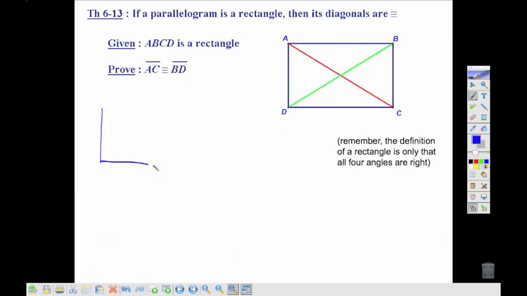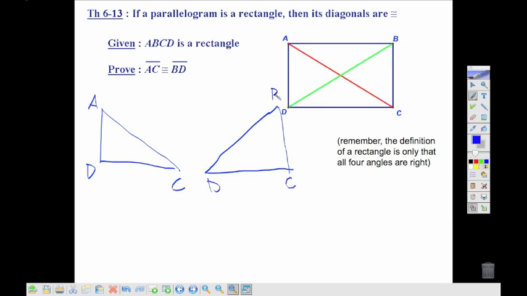Now for the proof of this, what we would do is redraw these triangles here. We would only need to use a couple of them because we're only worried about proving something about the diagonals being congruent. And I've got my diagonals if I look at these 2 overlapping triangles. Notice this is a reflexive property here between these 2 sides. Also, because it's a rectangle, we know we have 90-degree angles down here.